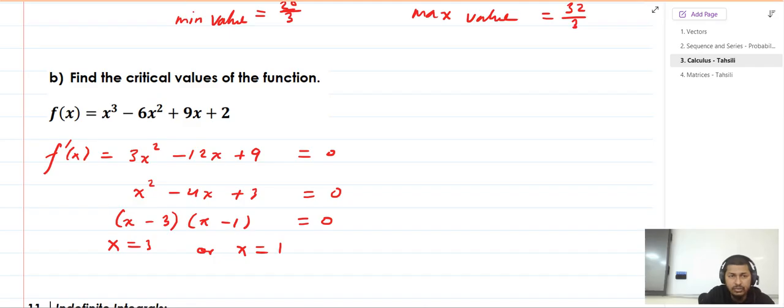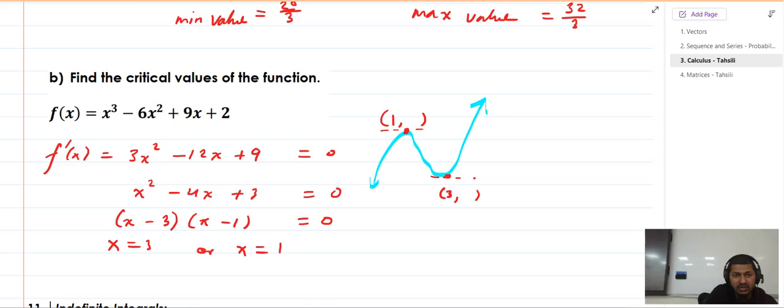Now if you remember from pre-calculus, a graph of this cubic function looks something like this, with a minimum and maximum here. Now remember, these are on the x-axis. At x equal to 1, you're going to have 1 on the left and 3 on the right. So remember, the maximum occurs at x equal to 1.